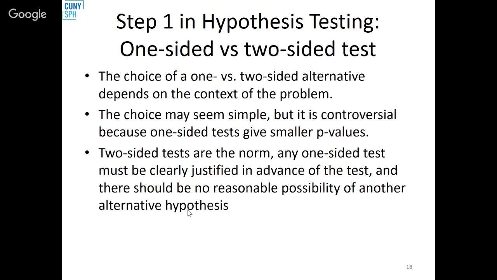The only case where one-sided tests are really accepted are in so-called non-inferiority trials. That's where you have, for example, a well-established drug that you know is effective, and you want to introduce, let's say, a generic equivalent of it. And you want to test the effectiveness of this generic equivalent. There is no reason to expect that that generic equivalent is better.